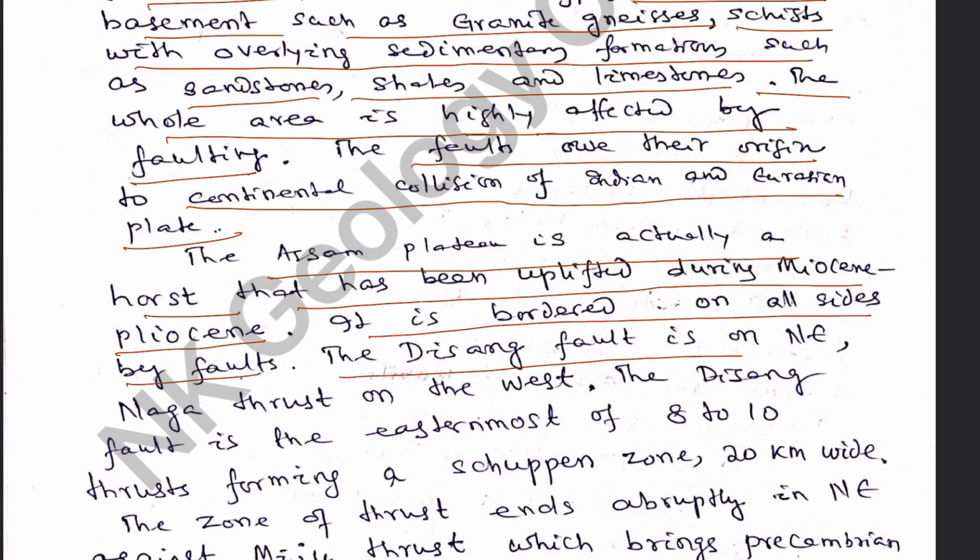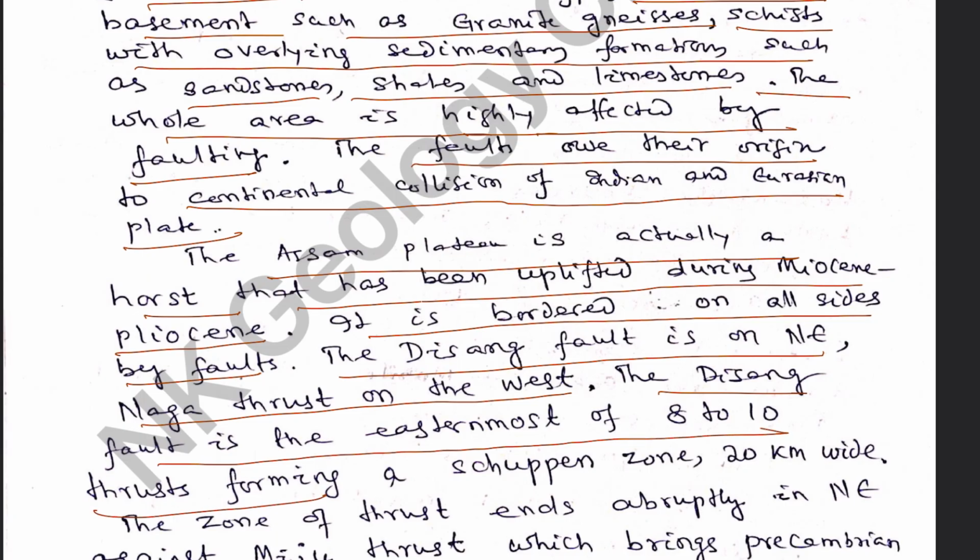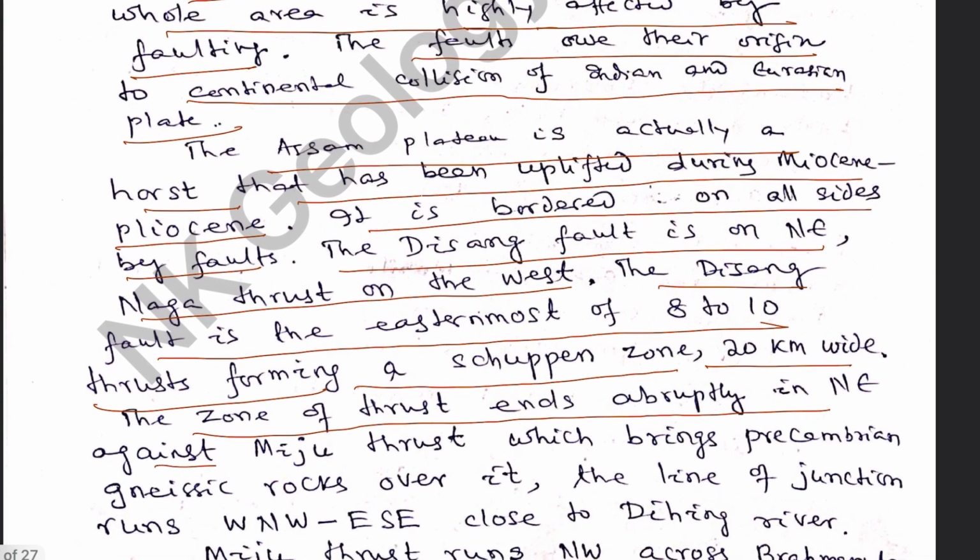The Disang fault is on the northeast, Naga thrust is on the west. The Disang fault is the easternmost of 8 to 10 thrusts, forming a zone 20 km wide. The zone of thrust ends abruptly in northeast against the Mishmi thrust, which brings the Precambrian rocks over it.